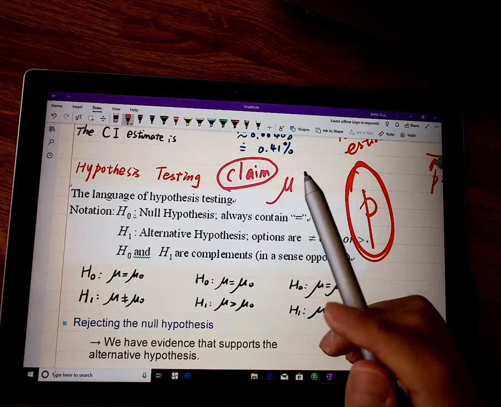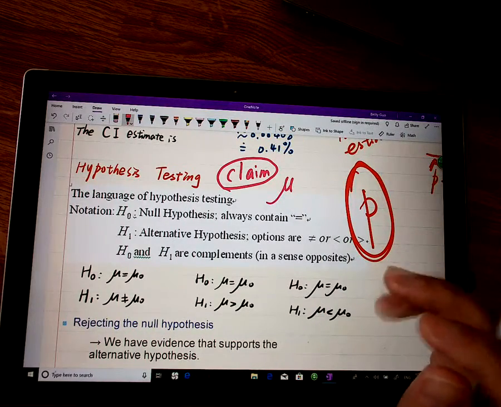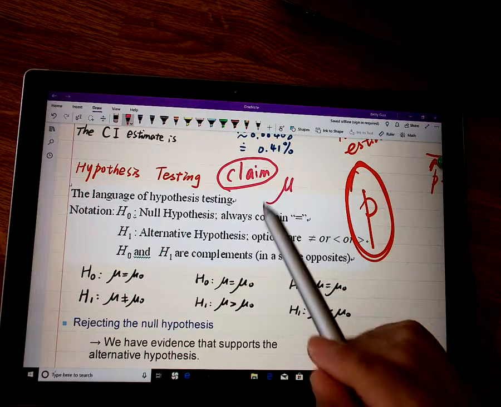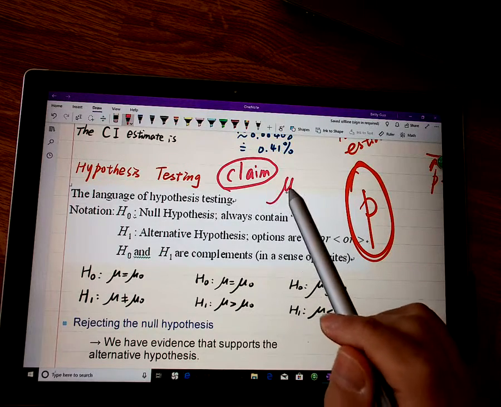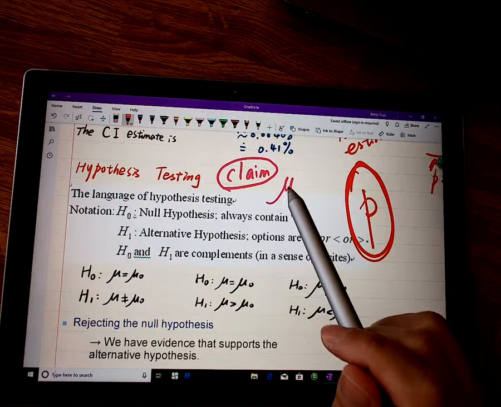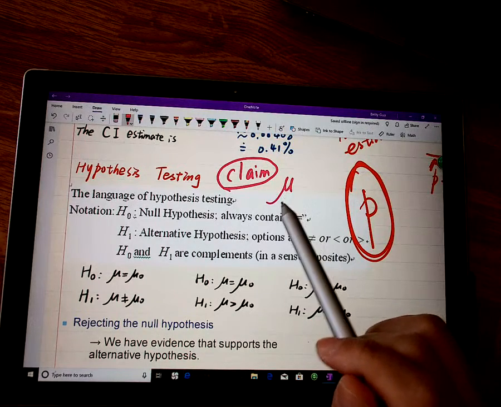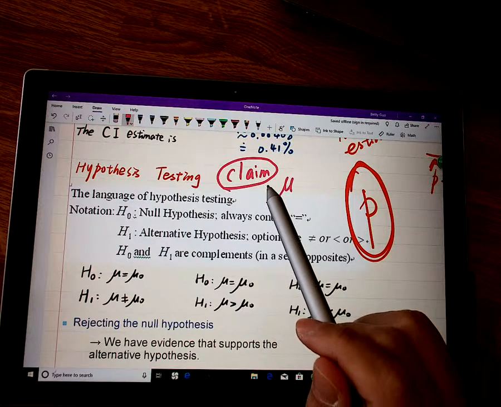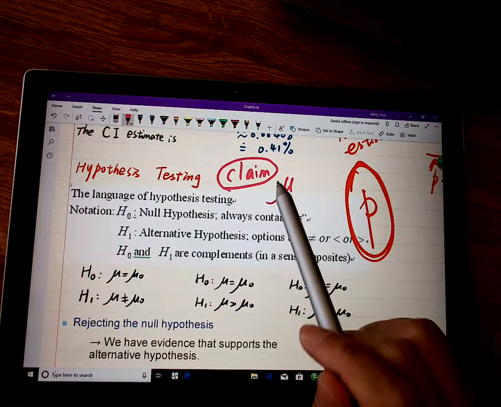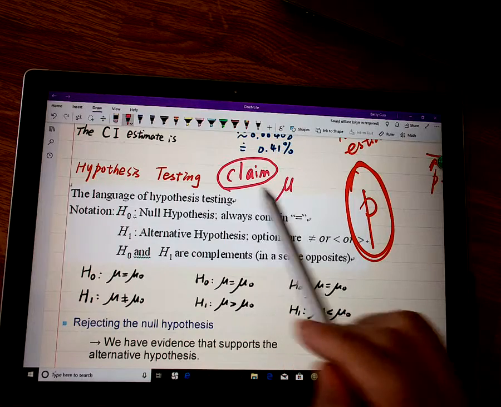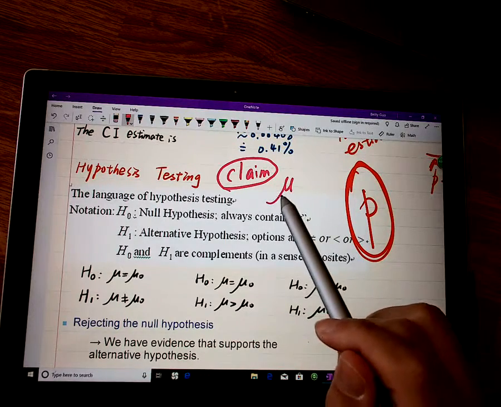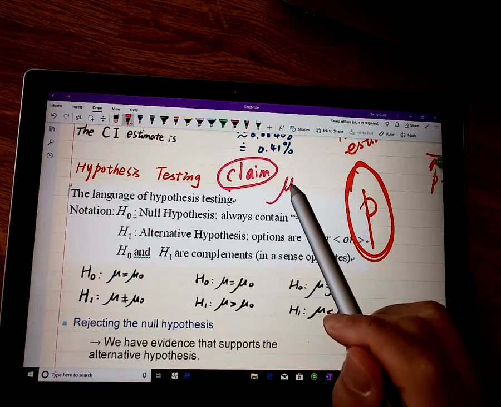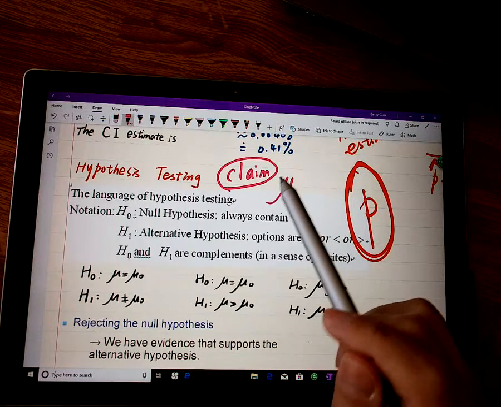Sometimes people claim things, right? You can claim whatever you want. Let's say the claim is about the population mean mu. Then in statistics, we need to figure out a way to test, is the claim true or false? How do we test that? Because the claim is about the population mean, we need to get a sample.